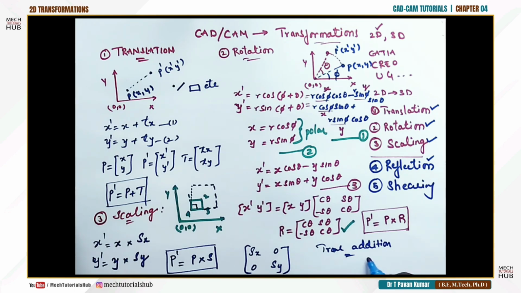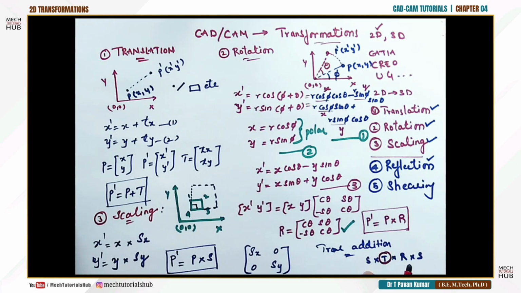For example, the part needs to be scaled, then translated, then rotated, then scaled again. Out of these, scaling and rotation are matrix multiplications. Only translation is addition. Because of that, the system gets slowed down, and we need to do each and every calculation.